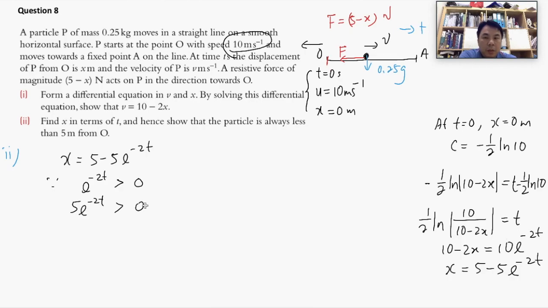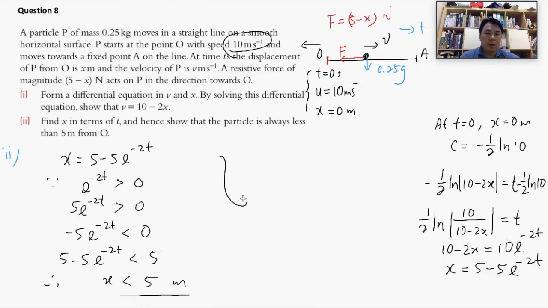Then negative 5e^(-2t) must be less than 0, so 5 minus 5e^(-2t) must be less than 5. Hence, we say that the displacement is always less than 5 meters. So I hope that will be clear for all of you.